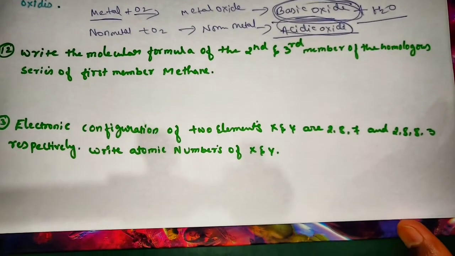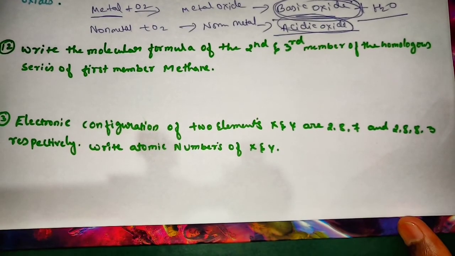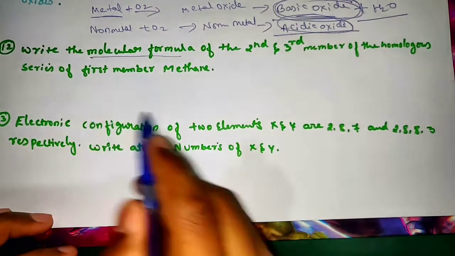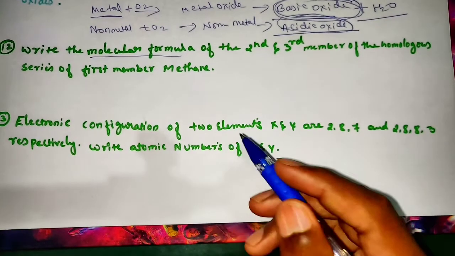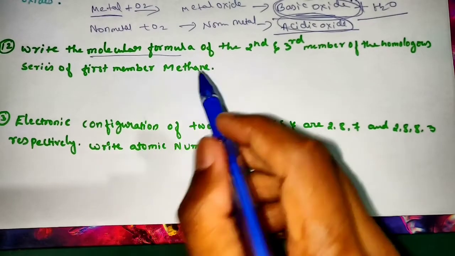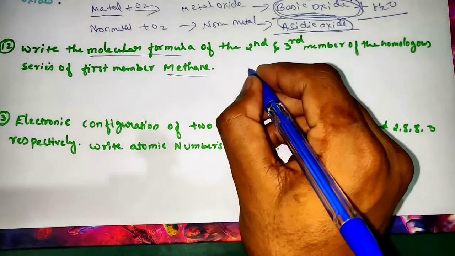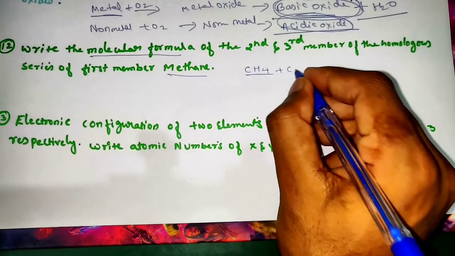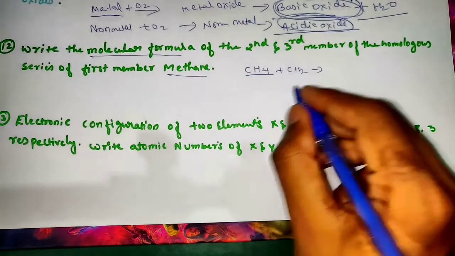Next, we have a question: write the molecular formula of the second and third member of the homologous series. Our first member is methane. Here, what they asked is the molecular formula. Many students will simply write the name, but they are asking for the molecular formula. Methane they have given. What is the formula of methane? CH4. How are we going to write the homologous series? We have to add CH2 to this, then it will become the second member.